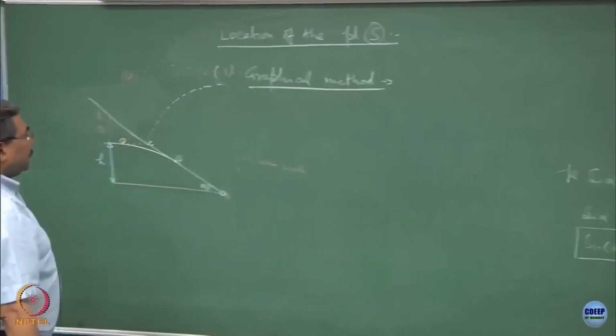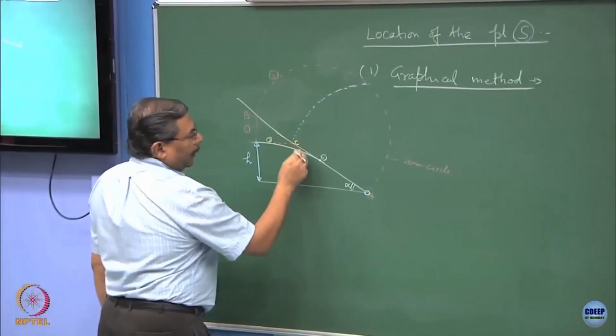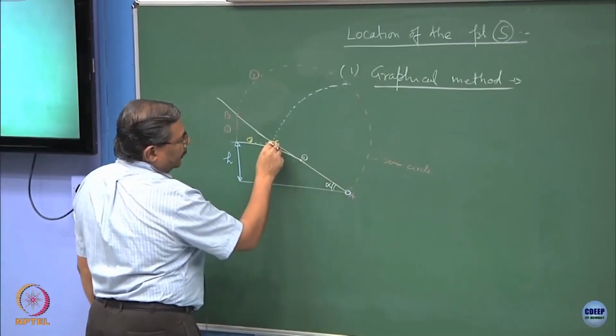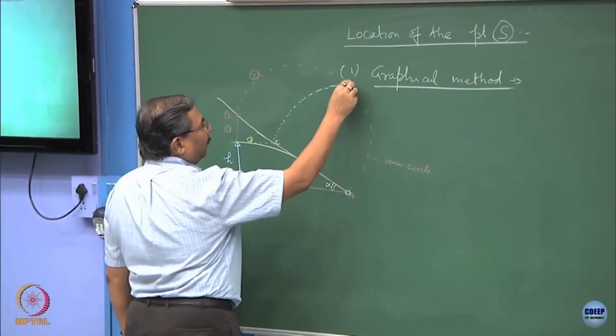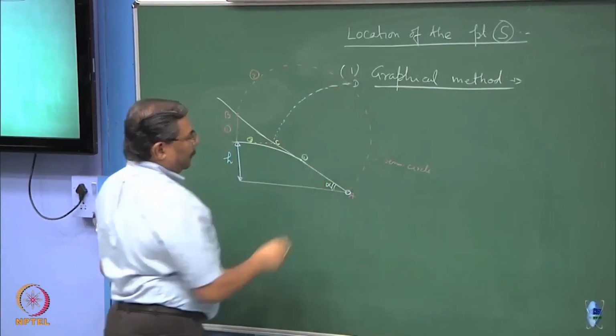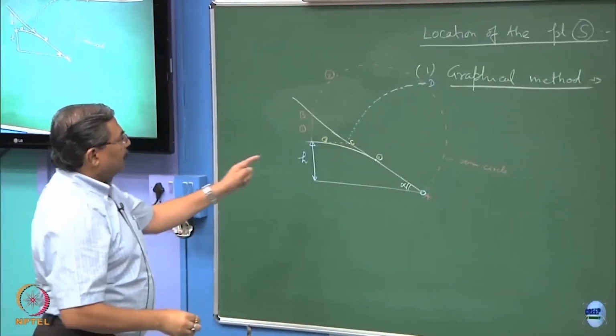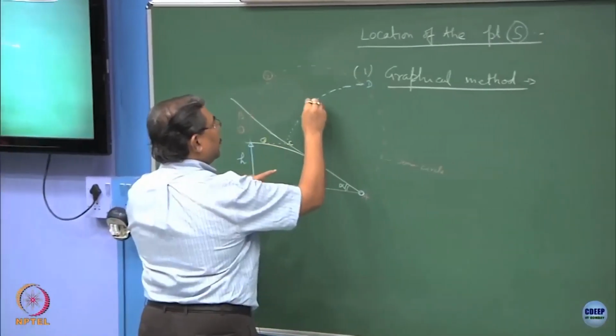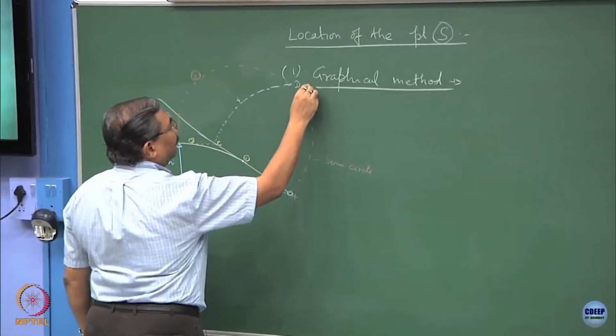So, A is the center and AC is the radius, get the point number D. So, this is step number 3, this is step number 4, get point number D is 5.